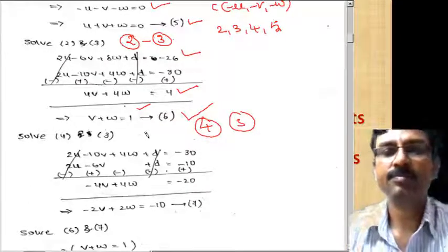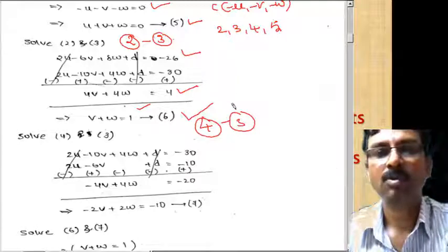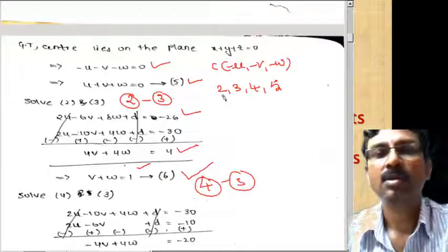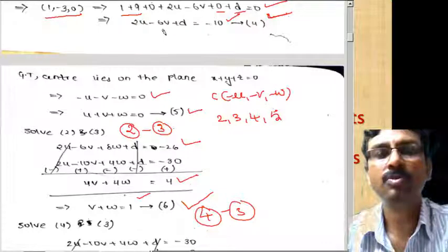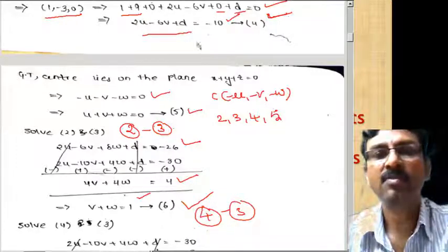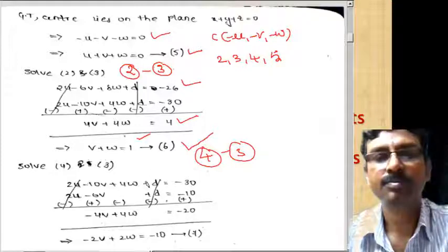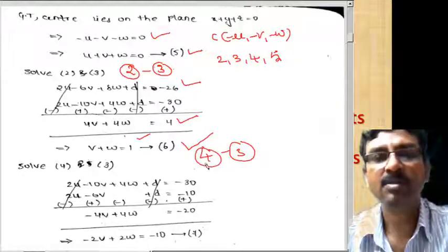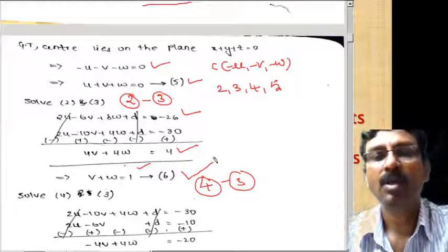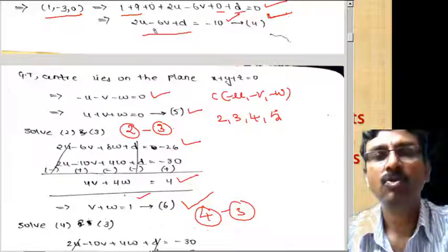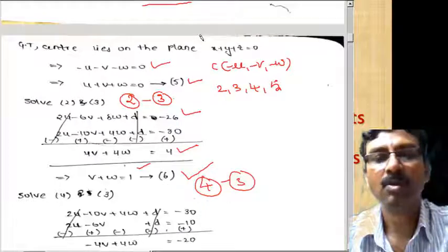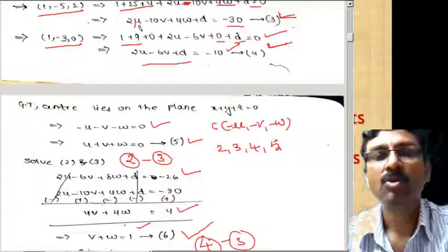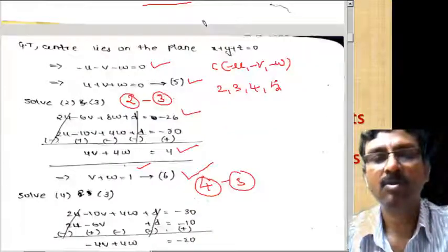So the fourth equation is 2u minus 6v plus d equal to minus 10, and the third equation is 2u minus 10v plus 4w plus d equal to minus 30.